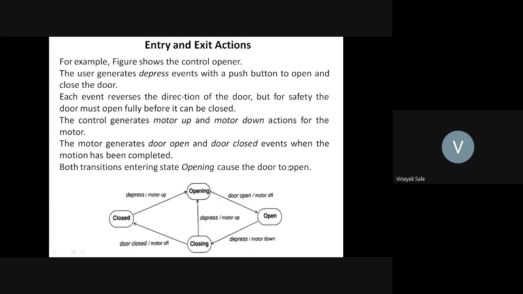Whenever the button is pressed again, the door goes from open state to closing state. That is, the motor goes down. That is the closing state. And when the door is completely closed, it goes from closing state to closed.